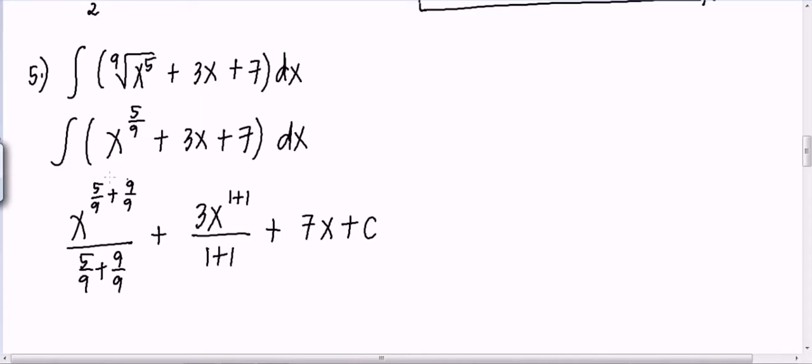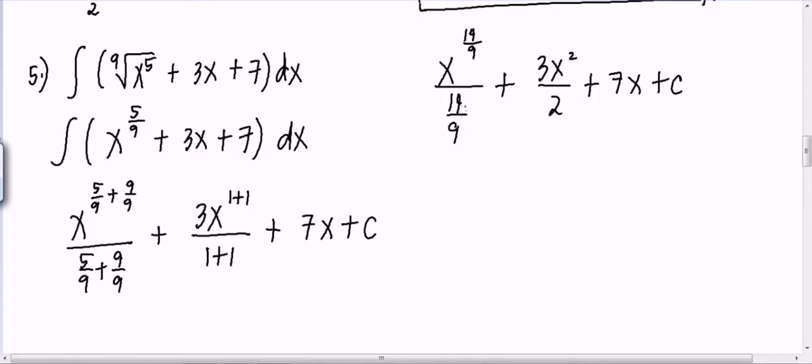So, 5 plus 9 is 14. So, this one would be x raised to 14 over 9 over 14 over 9 plus 3x squared over 2 plus 7x plus c. Okay? Ang ano nyo dyan guys, pwedeng iangat nyo to dito. Tapos may iwan yung 14 dyan. So, magiging, para hindi na kayo mag-reciprocal, kasi multiply nyo to sa reciprocal which is 9 over 14.